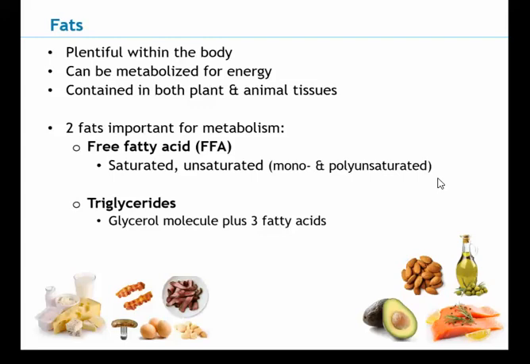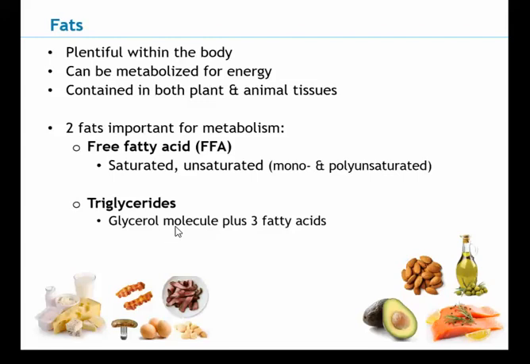And then next is triglycerides. So a triglyceride is 1 glycerol molecule plus 3 of these fatty acids. So it's a larger structure. High levels in the blood are linked to atherosclerosis and coronary artery disease. So triglycerides are not necessarily good to have a high amount of.